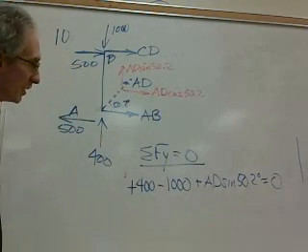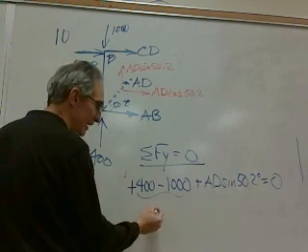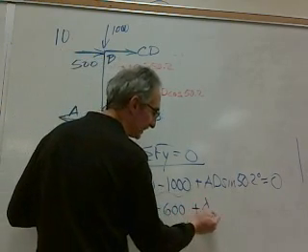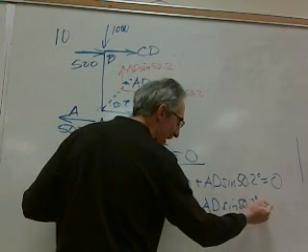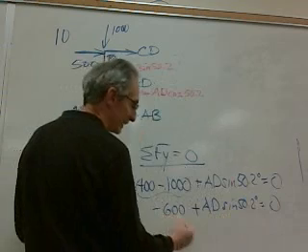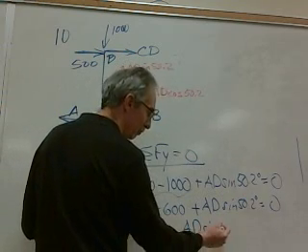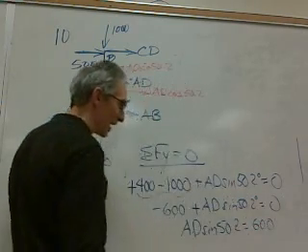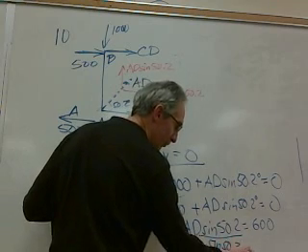I can combine the plus 400 minus 1,000, that's minus 600, plus AD sine of that angle is equal to 0. I can take the 600 to the other side where it becomes a positive, and then divide through by sine of 50.2 degrees.